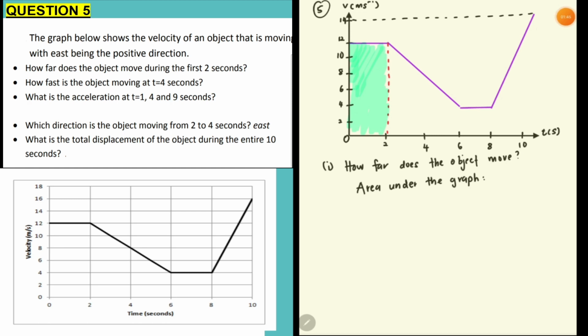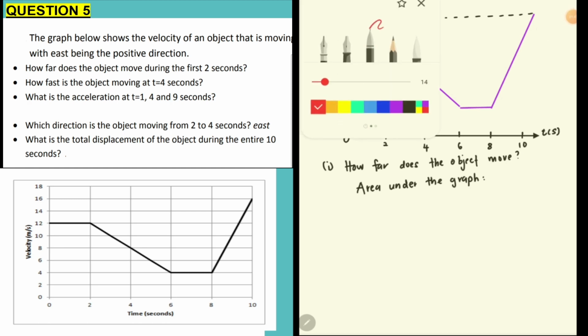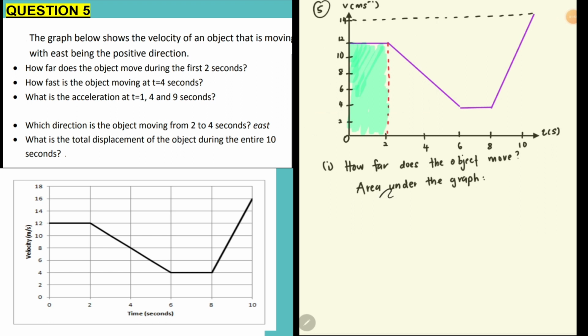So the area under the graph is equal to 12 times 2. So the answer is 24 meter. Alright, so 24 meter. Okay, correct.